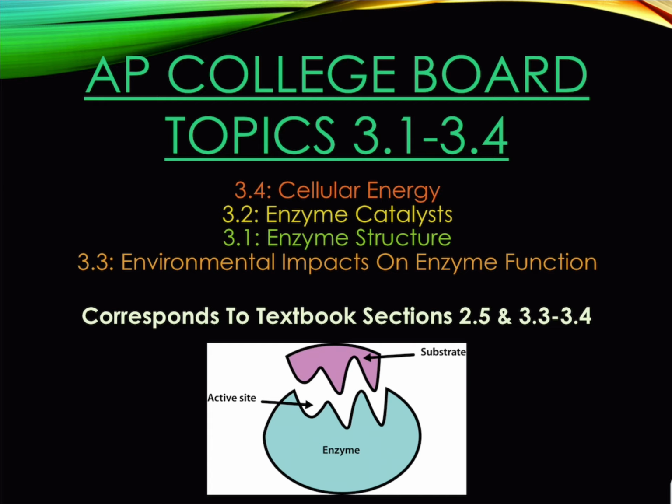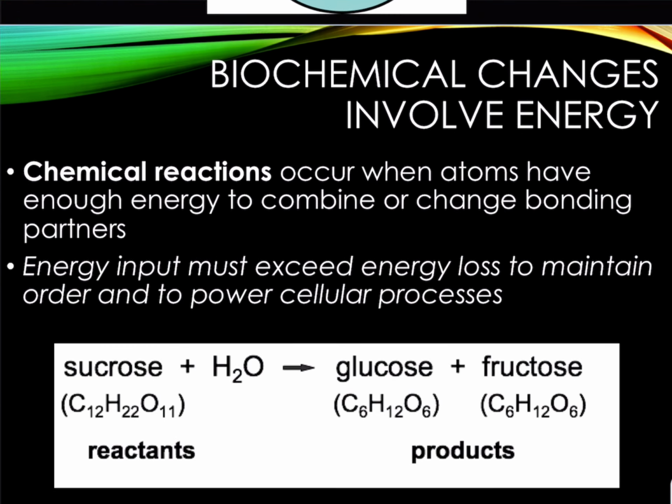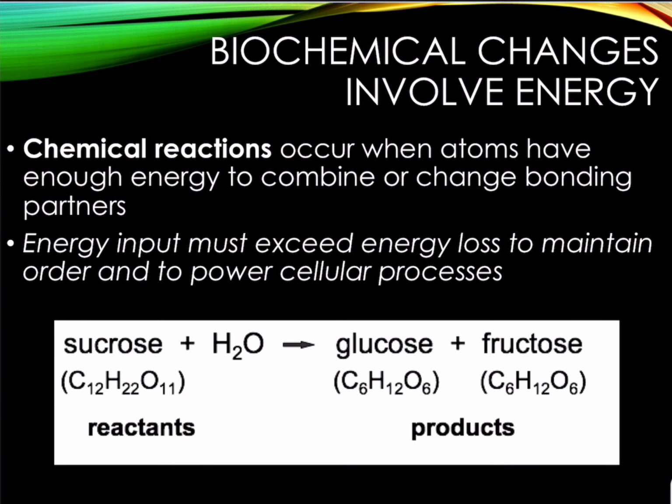So I have a little enzyme here in this picture. It's got an active site, and then we have the substrate which it works on. All right, so let's get into talking about energy in general and chemical reactions. Biochemical changes involve energy. Chemical reactions occur when atoms have enough energy to combine or change bonding partners. We're going to focus on two big chemical reactions during this unit: photosynthesis and cellular respiration.